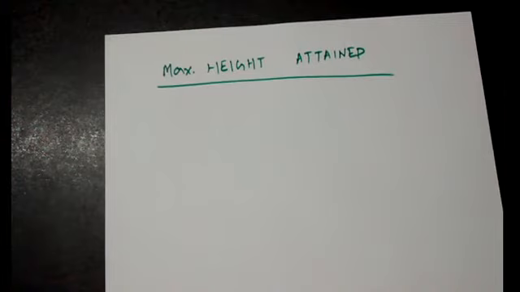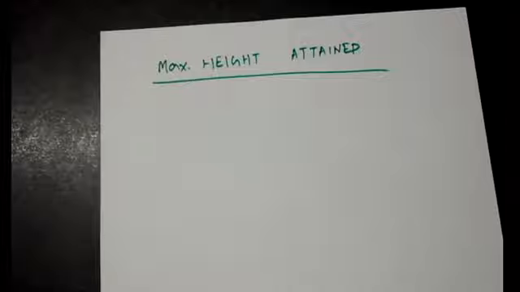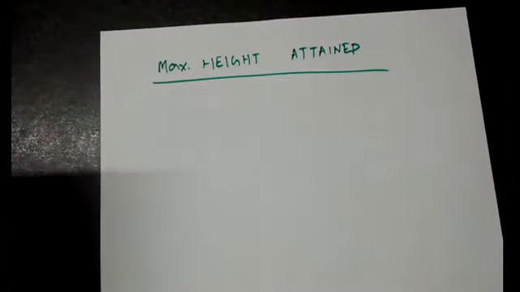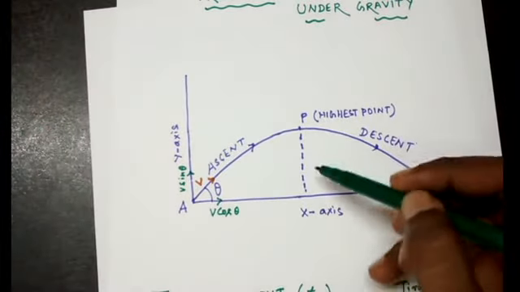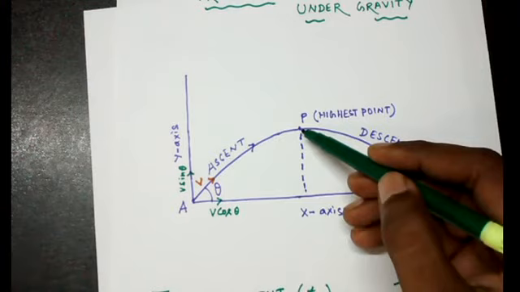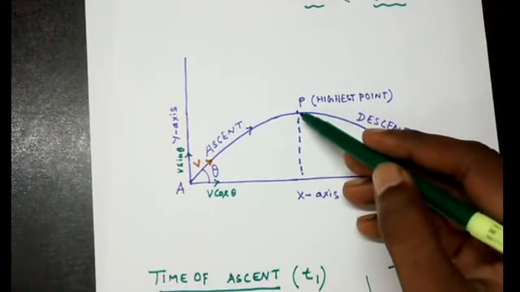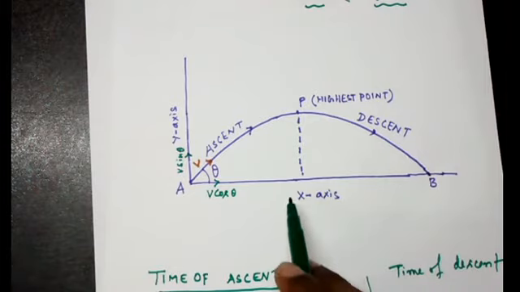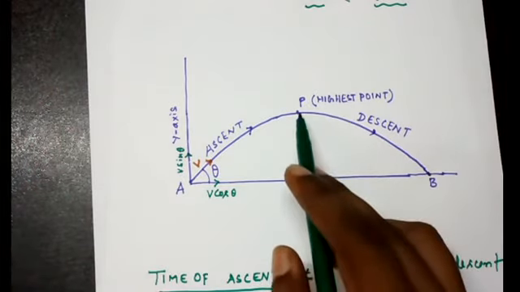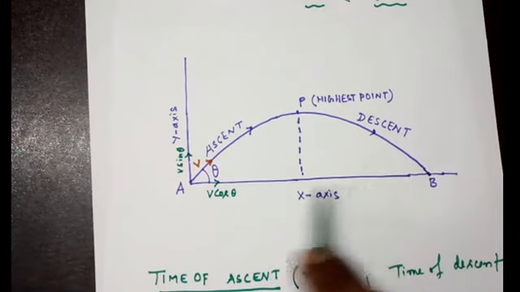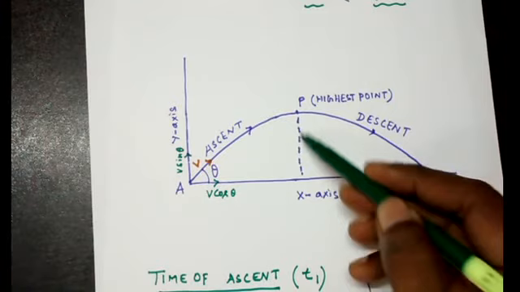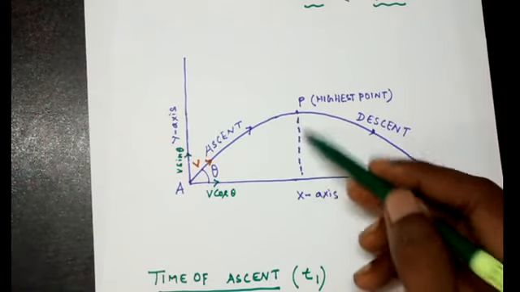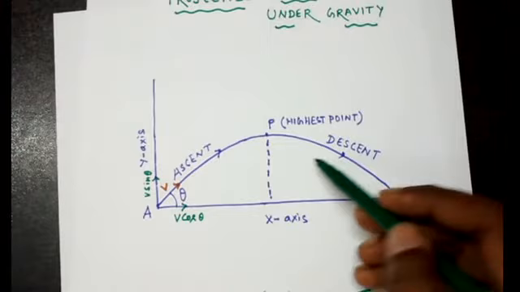Now we will try to find an expression for the maximum height attained. Here we are finding the vertical projection from the point P. If a line is projected on the line AB from the point P, this vertical distance is the height attained, and P is the highest point.